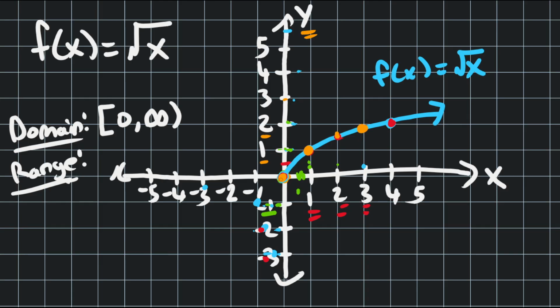And it could also be 0 as well. But no negative numbers touch this graph. No negative numbers on the y-axis, negative 1, negative 2, negative 3. None of them can touch this graph. So our range is also from 0 to infinity, same as our domain. So our domain and range are all numbers greater than or equal to 0.